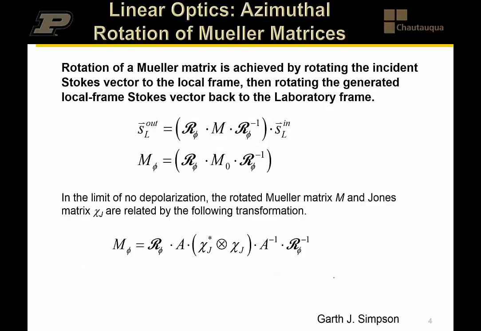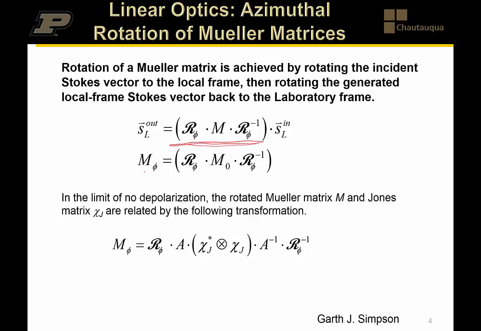How do we apply this? If we think back to linear optics, we can do that by incorporating these rotation matrices into the Mueller framework. So we can imagine we've got some input in the laboratory frame. We rotate into the local frame, let M operate in the local reference frame where symmetry can reduce the number of non-zero elements, and then rotate back to the laboratory frame, and that will then give us the output for our Stokes vector.